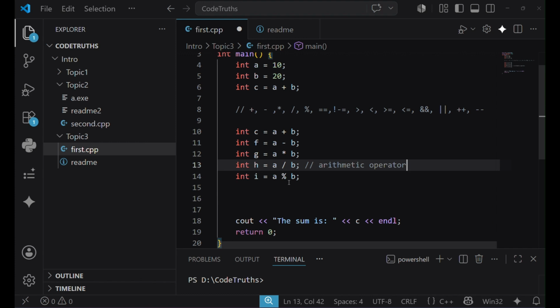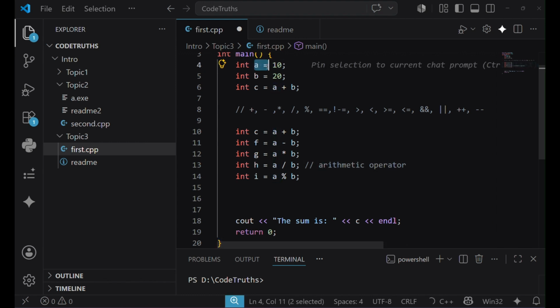Whenever this operation happens, the result is stored in a temporary value before being assigned to h or any variable. Now there are some operators used to assign a value, like this. This is the assignment operator, equal to.